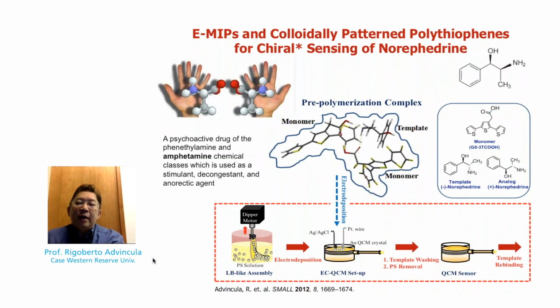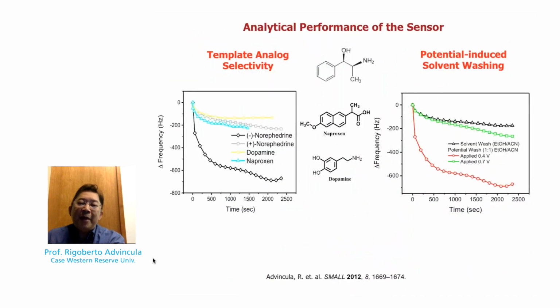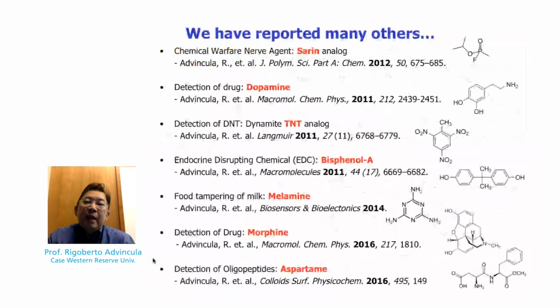We have developed this sensor, and what we have shown is that, depending on the analog and the original template, we are able to distinguish the two enantiomers from each other, including differentiation between naproxen and dopamine. This technique has been widely used for many other chemicals, and we've published work to selectively detect sarin, dopamine, bisphenol A, melamine, morphine, and aspartame.